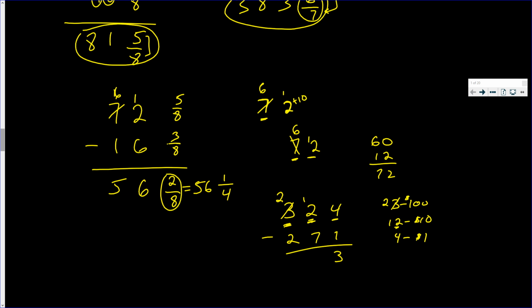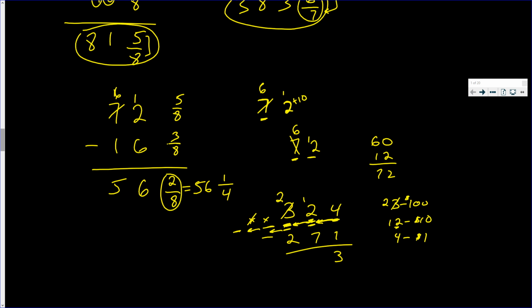That is, the ones times 10 gives me the tens, times 10 gives me the hundreds, times 10 gives me the thousands, times 10 gives me the 10,000s. So this number is always 10 times that number.